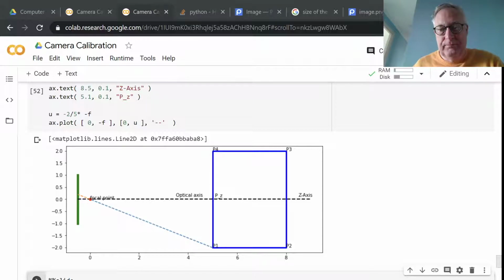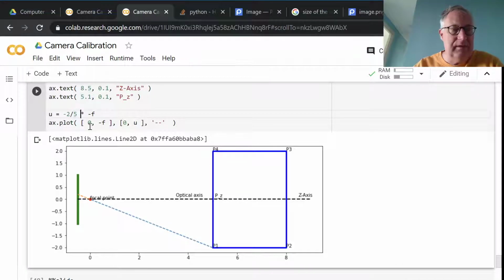Okay. So then this is the figure that we would get. Here you can see the line continues. The ratio minus u divided by minus f must be the same as minus 2 divided by 5, where 5 is the z coordinate and minus 2 is the x coordinate of the system.